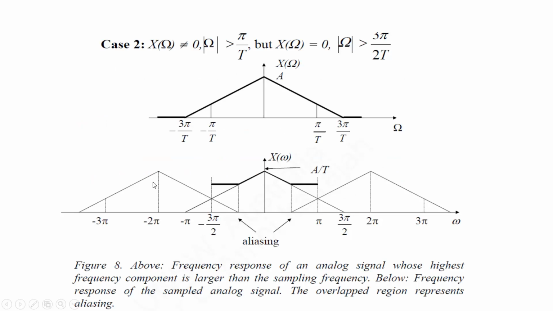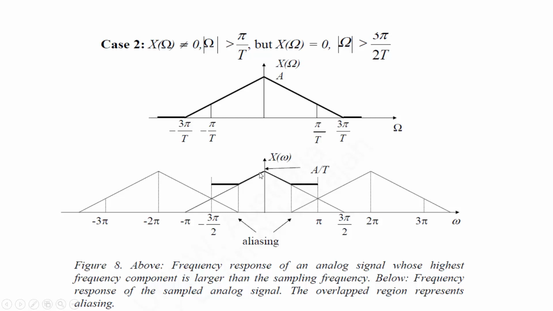Now, this slide explains the aliasing process. This happens when the analog spectrum is not band limited to minus pi by capital T to pi by capital T. That means it extends beyond minus pi by T on the negative side and beyond pi by T on the positive side. That's what is said here with this explanation.